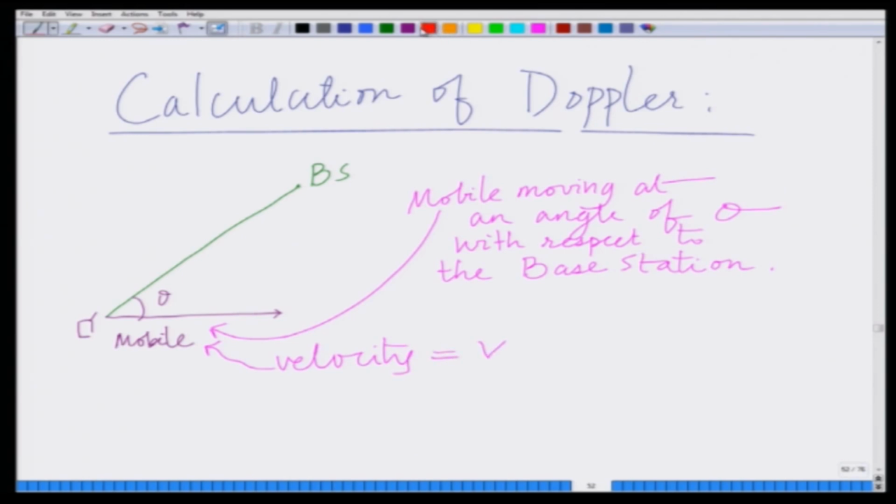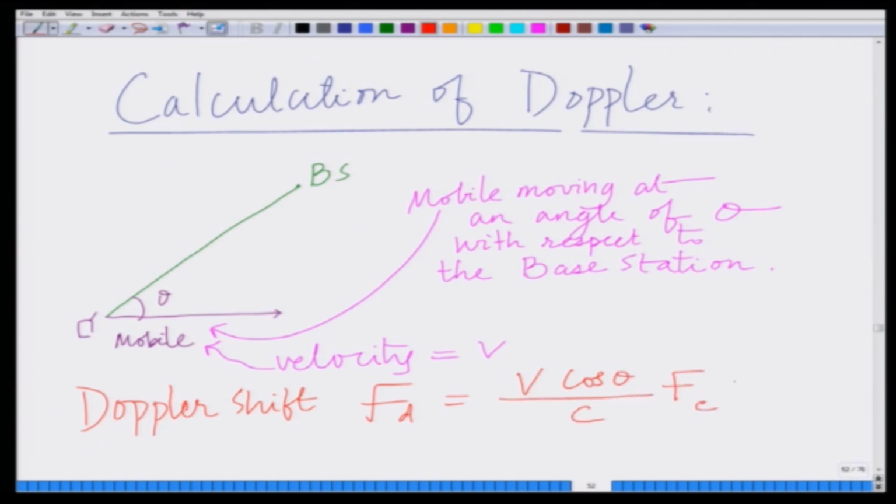Let us further say that the velocity of this mobile equals v, and then in this scenario the Doppler shift Fd is equal to v cosine theta divided by c times Fc, where c we have seen previously. So, let me write this clearly over here.